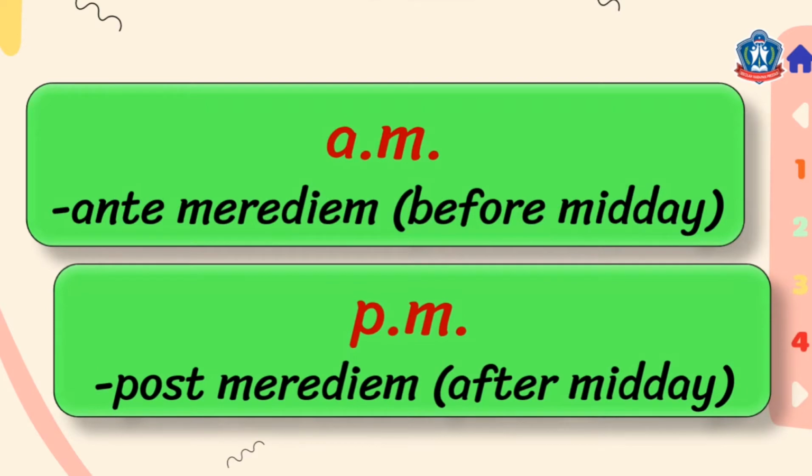PM, in Latin, stands for post-meridium. In English, it means after midday. Midday means 12 noon. So actually, AM means morning because it is before noontime. PM is after noontime, so that is afternoon until nighttime.